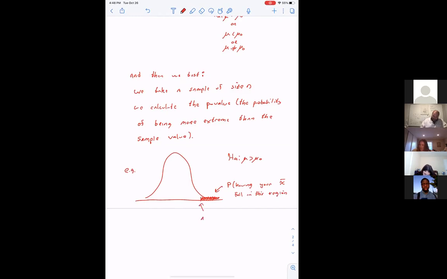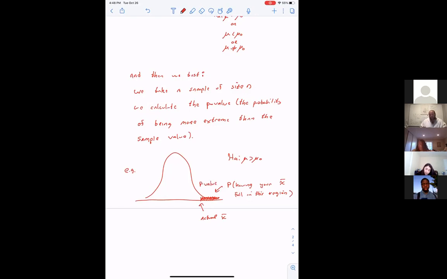This is your actual X bar. So what is the probability of having an X bar that's even more extreme than the X bar that you got? That's the p-value.